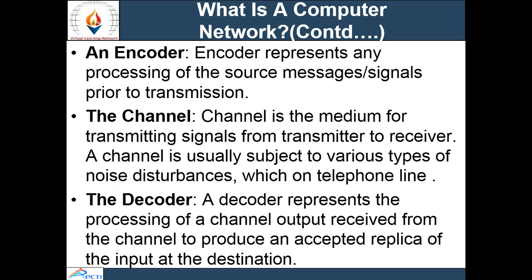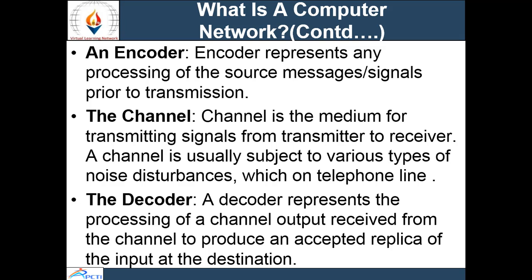Second one is the encoder. Encoder represents any processing of the source messages or signals prior to transmission. The processing might include, for example, any combination of modulation, data reduction, and insertion of redundancy to combat the channel noise.